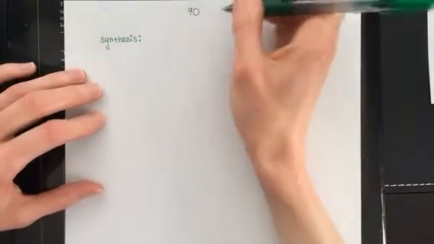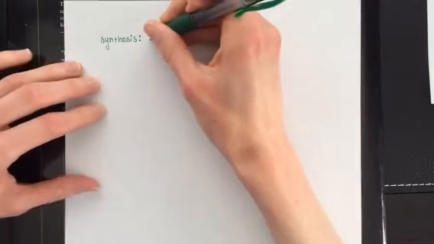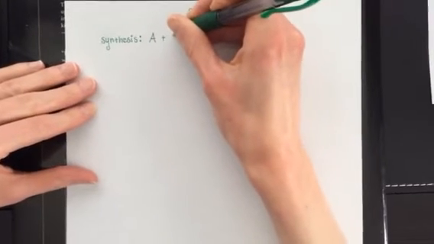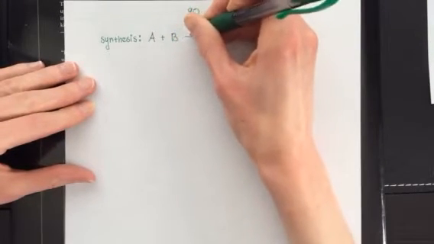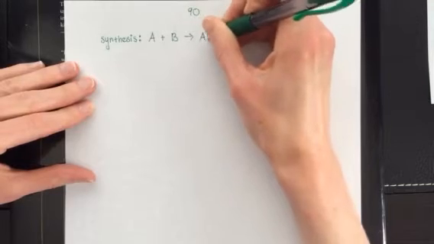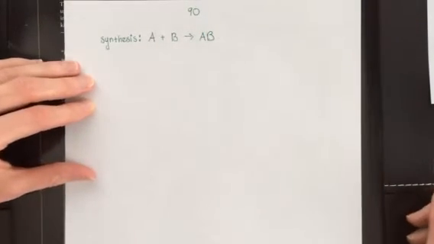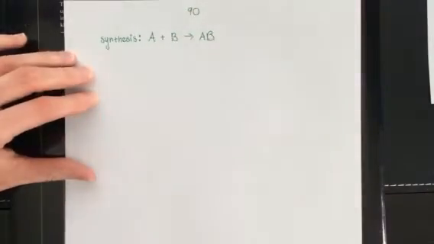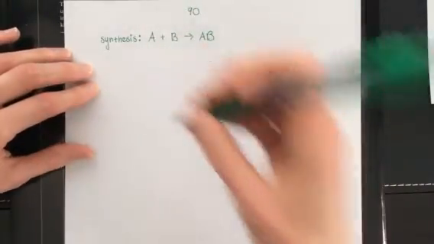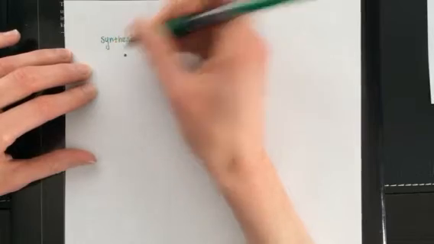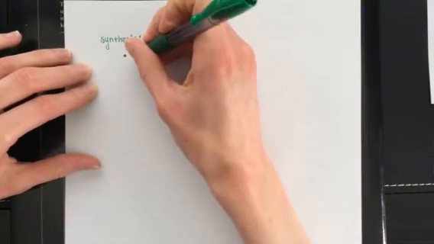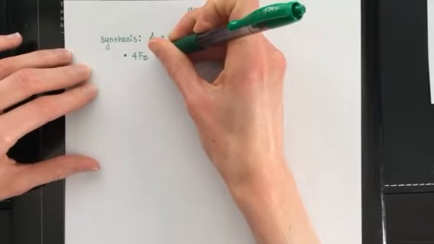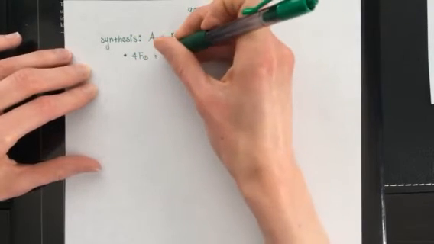So the general formula of a synthesis reaction is you take one thing and you react it with another thing and they combine. So pretty simple. An actual example of this is iron rusting. So a simplified reaction of what happens when iron rusts, because it's actually a little bit more complicated than this.